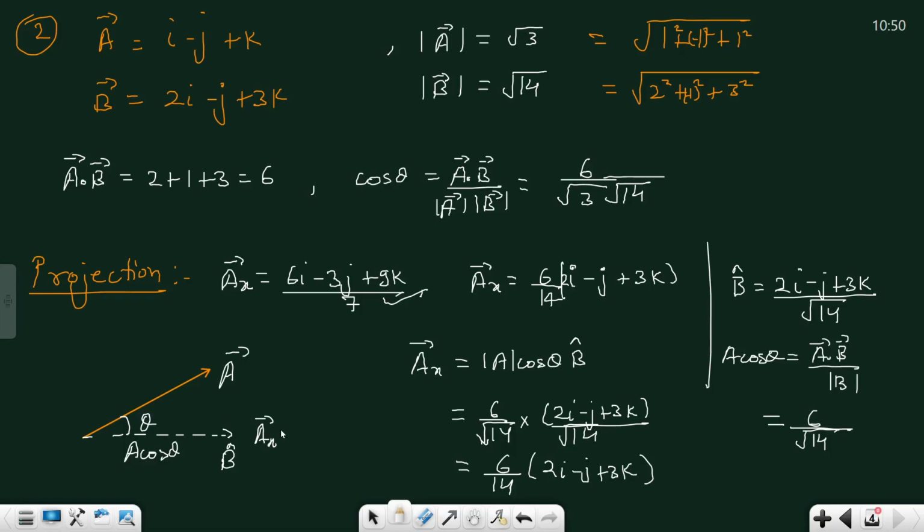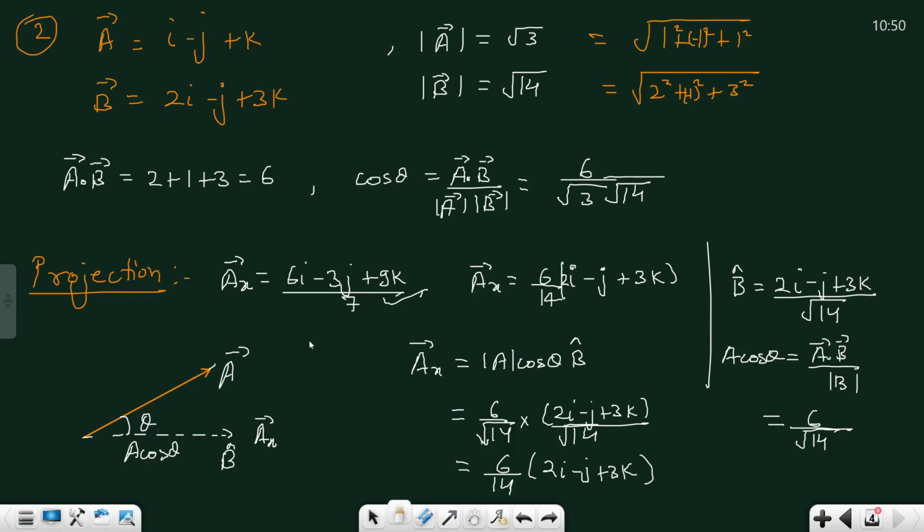If we were supposed to find the projection of B vector on A vector, then we were supposed to find A sin theta, right? No, that is a completely different part. When you have to calculate the projection of B on A vector, you need to find Bx, B along A. In that case, we will be multiplying the direction of A with B cos theta.